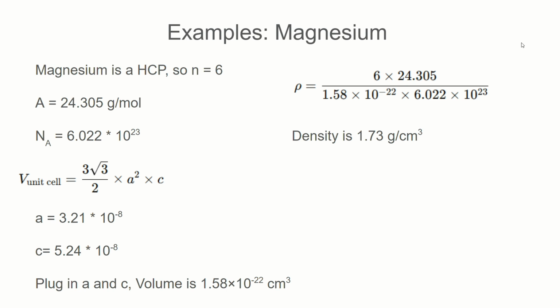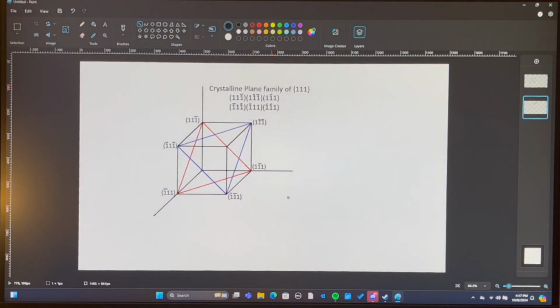centimeter cubed. The crystalline plane family of 111 consists of the plane 1, 1, 1, and any plane that is equivalent to that. We can see those labeled here. A good way to find all the planes in this family is to plot each plane from a different edge on the cube.